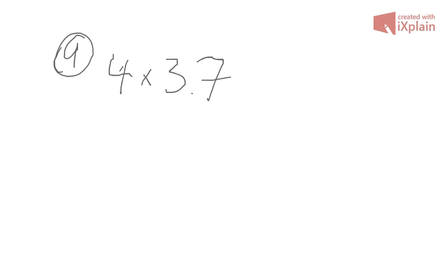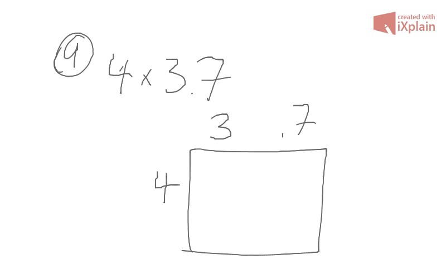So down at the bottom, part 2, it wants you to use an array. So number 9, the question you're given is 4 times 3.7. To use an array for that, you're going to put your 4 on one side, and your 3 and your 0.7 on the other. And here's your array that you're going to use to solve it.